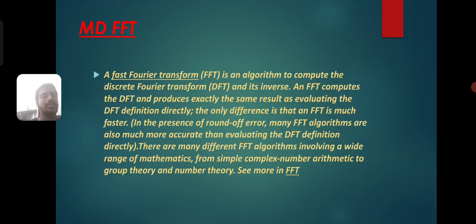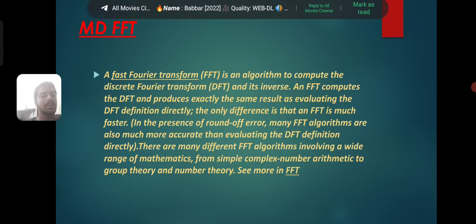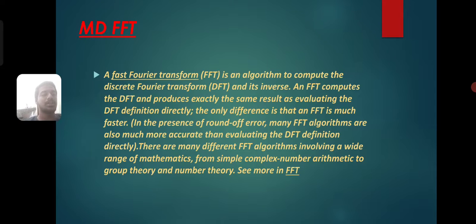The only difference is that the FFT is much faster. In the presence of round-off error, many FFT algorithms are also much more accurate than evaluating the DFT definition directly. There are many different FFT algorithms involving a wide range of mathematics, from simple complex number arithmetic to group theory and number theory.